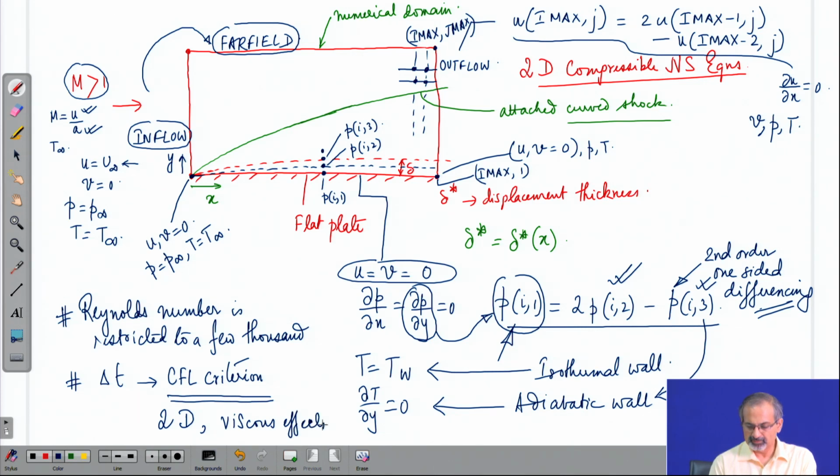So, try to explore how you can apply a suitable CFL criterion for choosing the delta t, because you are going to time step the solution. So, you need to have an assessment of delta t.